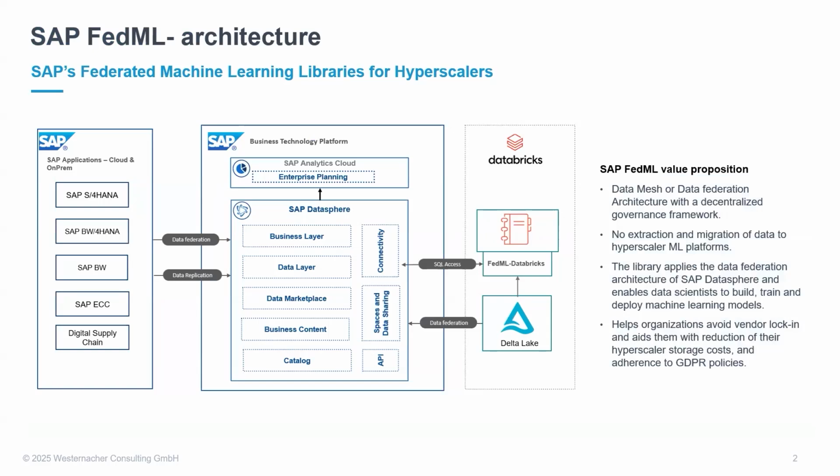In place of Databricks, you can have Azure, Snowflake, Google Cloud, or AWS, any of these hyperscaler environments. Using the SAP FedML library, you can read the data from Datasphere, process it in the hyperscalers, and send the data back to SAP Datasphere and report via SAP Analytics Cloud.